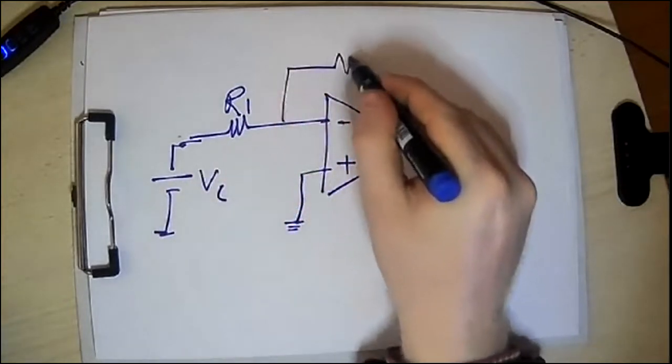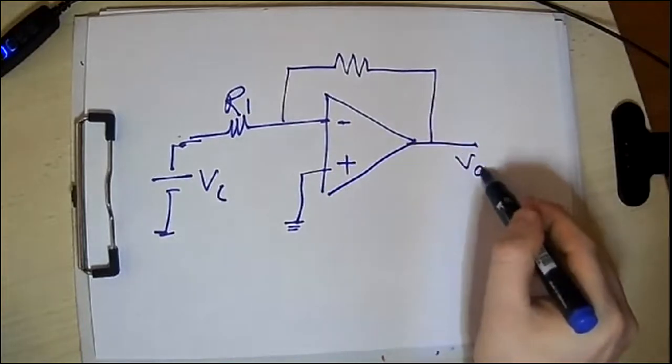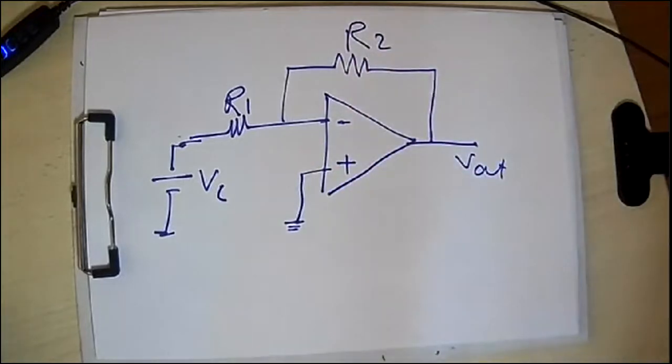And here we have another resistance, R2, and then V out. This is basically the configuration we are using, which is the inverting configuration.